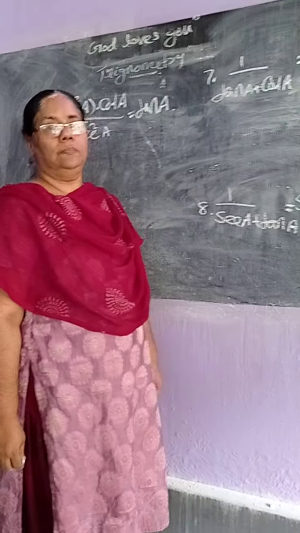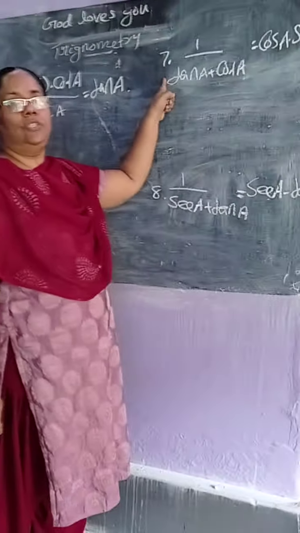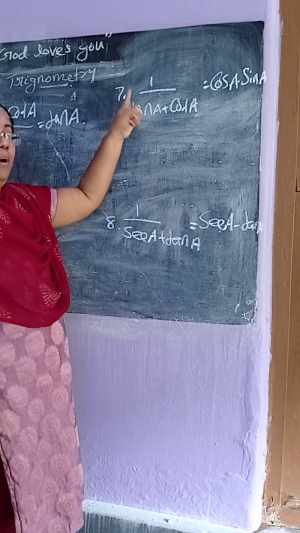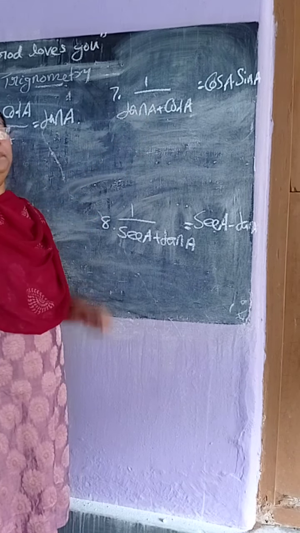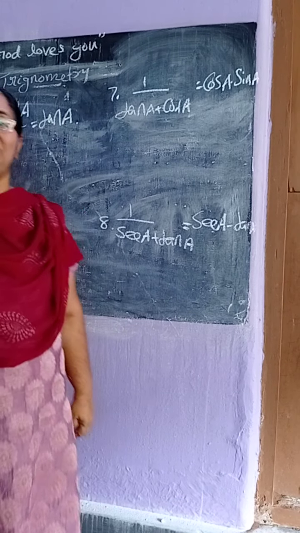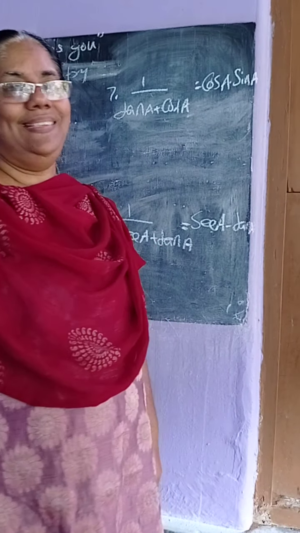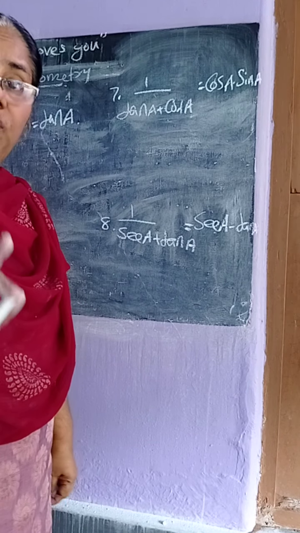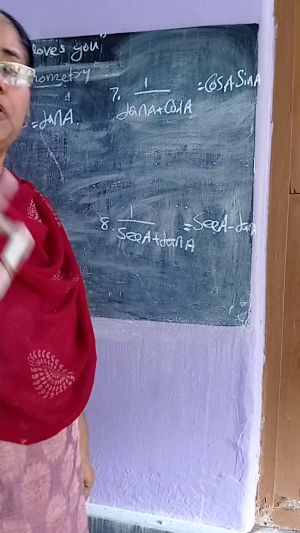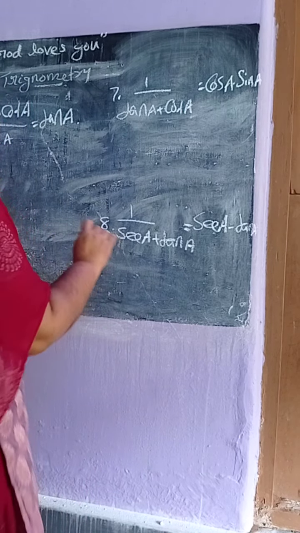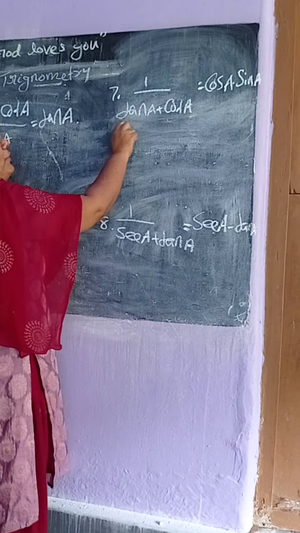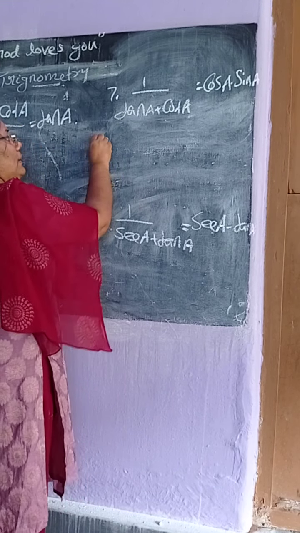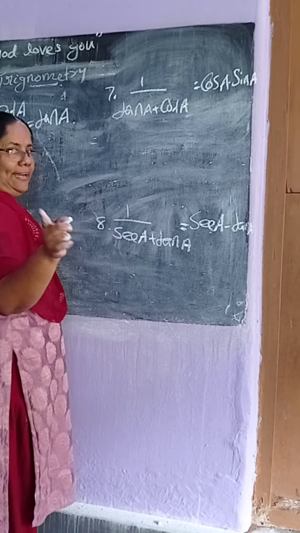Like the seventh question: 1 by tan A plus cot A is equal to cos A into sin A. Understand? Cos A and sin A are the lowest terms of the trigonometrical identity. Therefore, our aim is to convert this tan A in terms of sin A and cos A. That is, take the LHS, right?